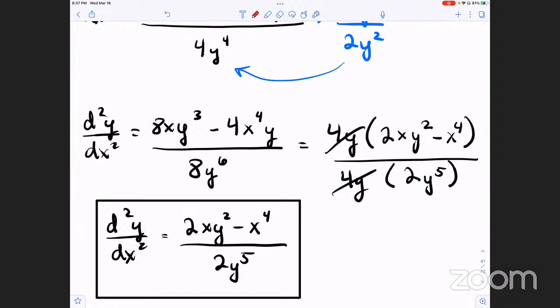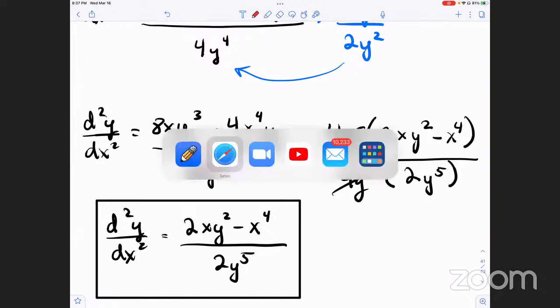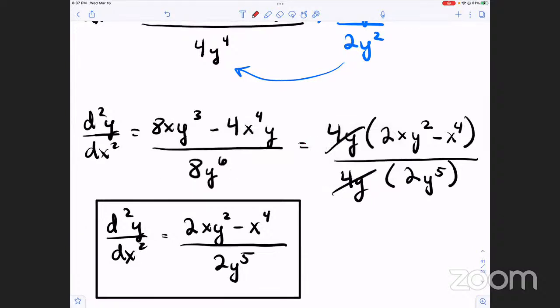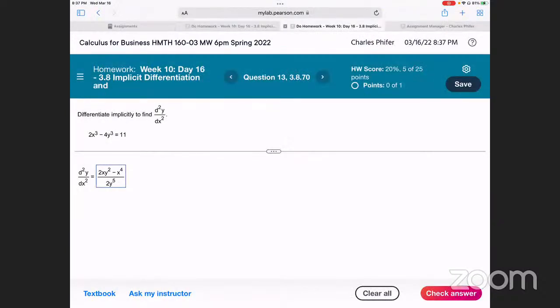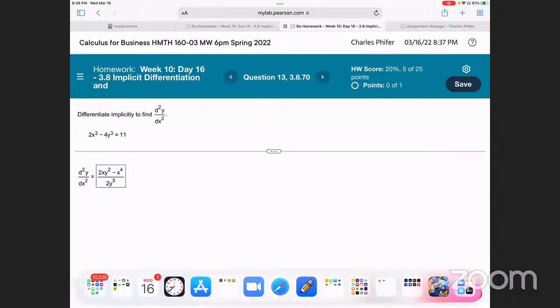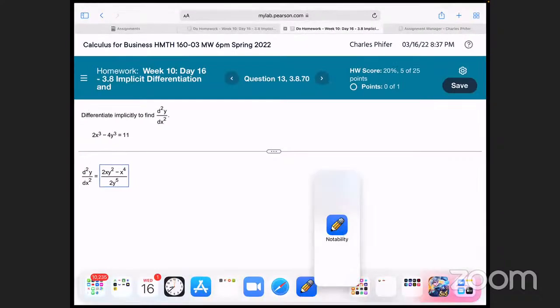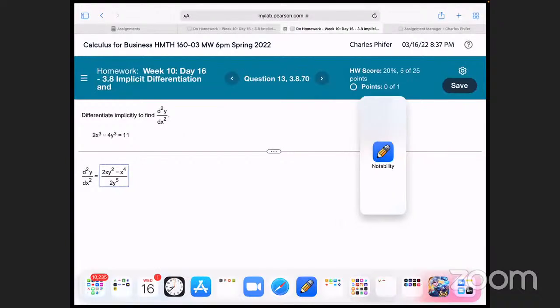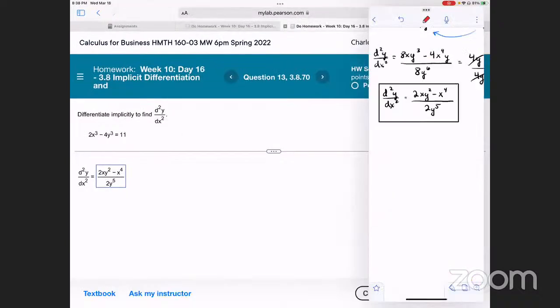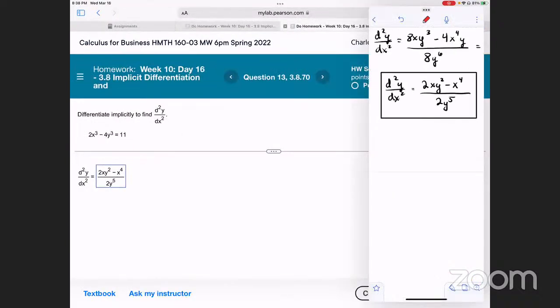So that's just x to the 4. Let me hop back over to Pearson. Yeah, I don't know. I couldn't find any mistakes. I wrote the formula wrong, but when I applied it properly, 2xy squared minus x to the 4 over 2y to the 5th.